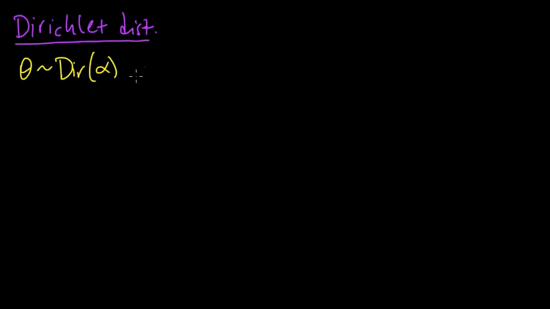This means that the density function, which I'll use a lowercase p for, of theta is proportional to, well, I'll just write what it's equal to first. It's equal to 1 over a generalized beta function of alpha times the product as i goes from 1 to n.